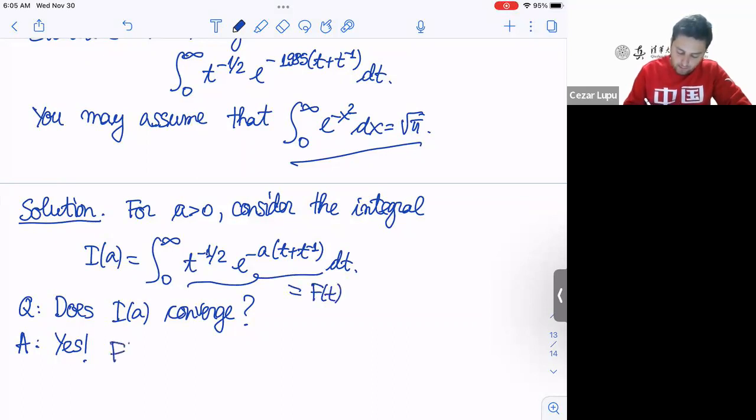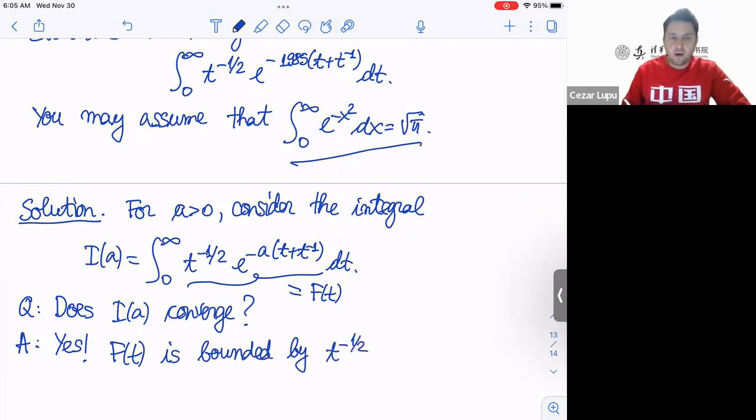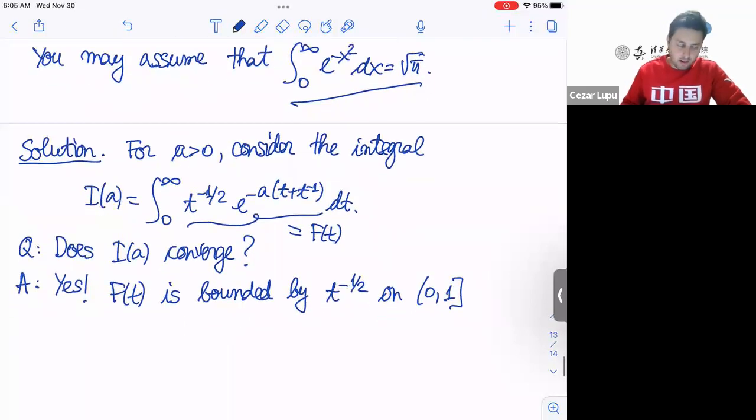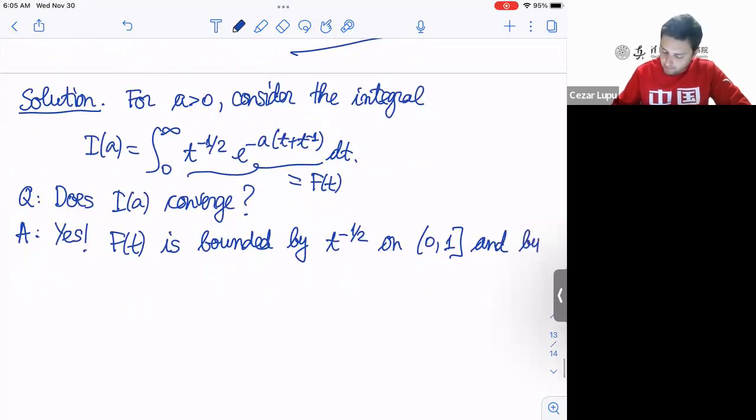So f of t is bounded by t to the negative 1/2 on the interval 0, 1, and on 1 to infinity by e to the negative a t. All right, that's great. So definitely the integral converges.